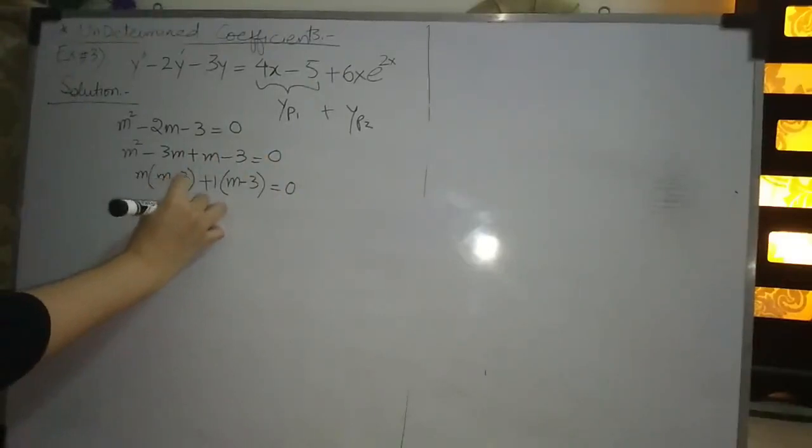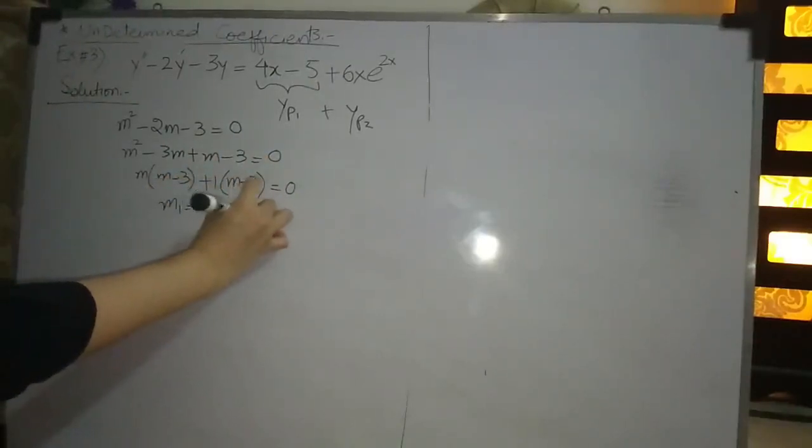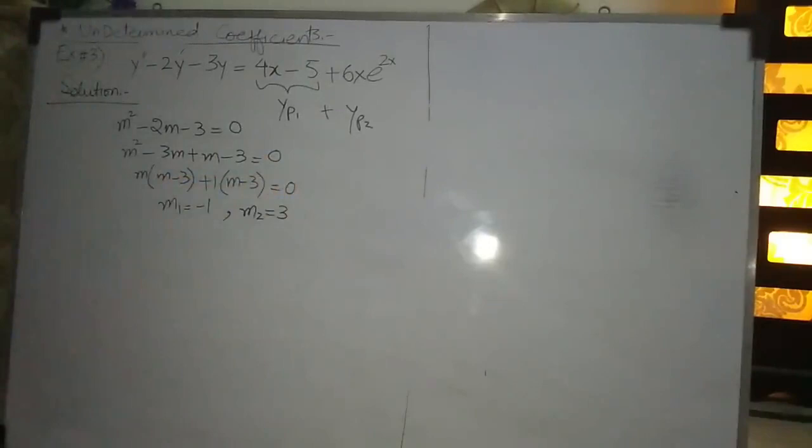So here m1 is minus 1 and m2 is 3. That means I have found two distinct real roots, which falls into case 1 of the complementary solutions.